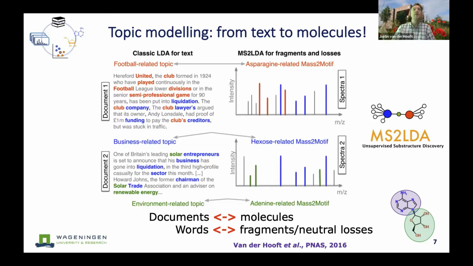So let's see, how do we go to the molecular world? Well, the documents become the molecules, the spectra, and the words become the fragments or the neutral losses. And you can see that the word club in the left upper corner is mentioned like 4 times. Typically we can do a word count in text mining, and that indicates the importance of a word for a topic.